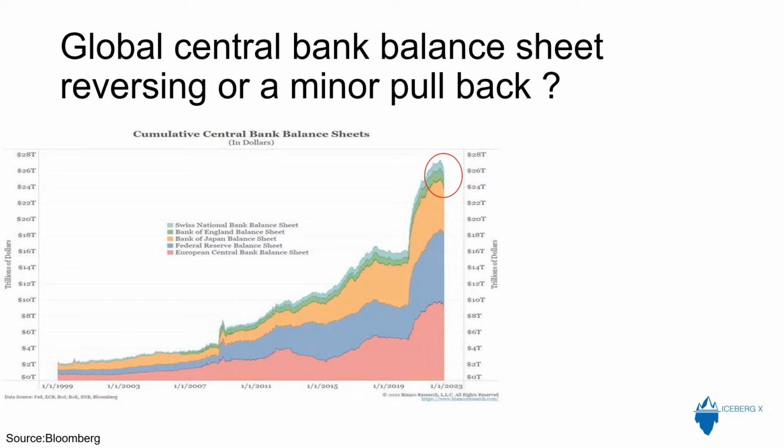Obviously, inflation is an immediate concern. But eventually, when the economy starts to become sluggish, whether the Federal Reserve will pull back or reverse its policy, I think that's something for us to watch out for. But right now, not only the Federal Reserve, a lot of major central banks across the world are also tightening their balance sheets, or in fact reversing their balance sheets to a certain extent.